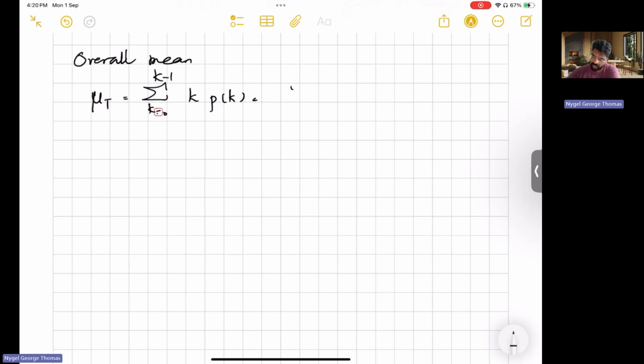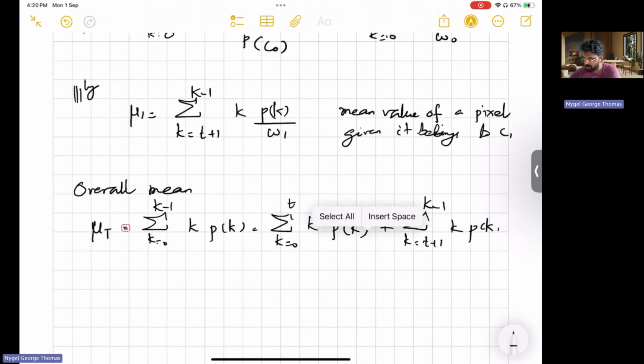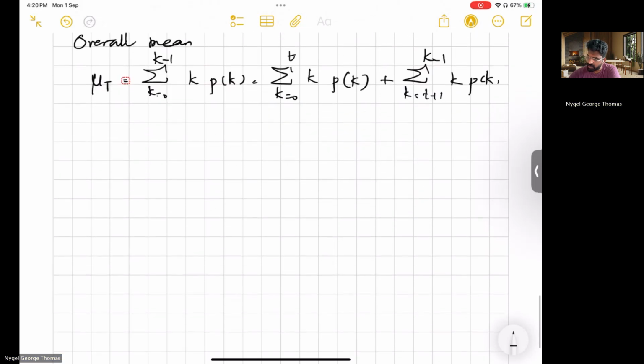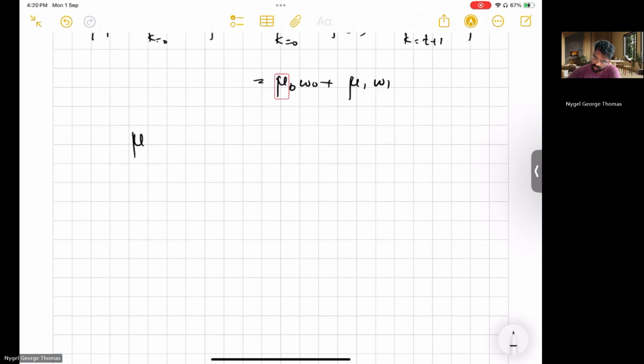This can again be split into k equal to 0 to t, k into P of k, plus sigma k equal to t plus 1 to K minus 1, k into P of k. But we have already seen this quantity is mu1 times omega 1. So this is mu0 omega 0 plus mu1 omega 1. This is one relation which we have.